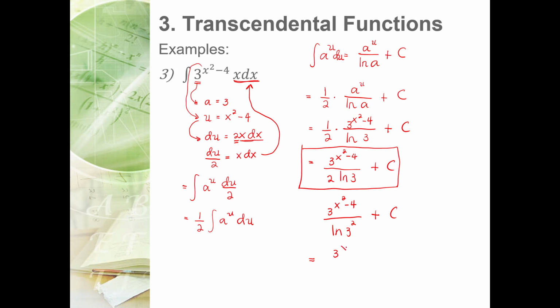So your answer could also be in this manner: 3 to the x squared minus 4 all over ln of 9 plus c. So that's the other way to represent your answer.